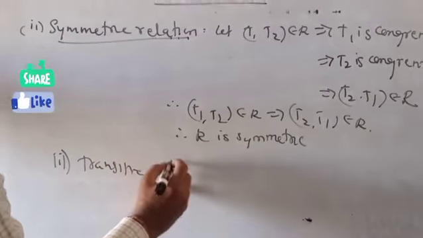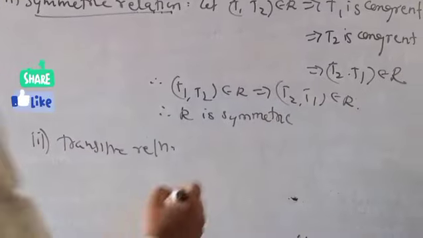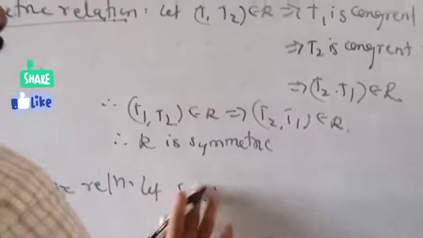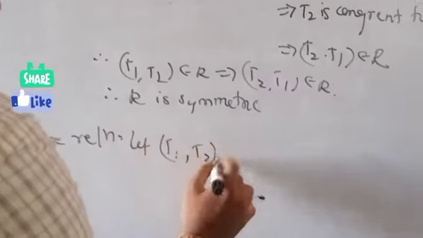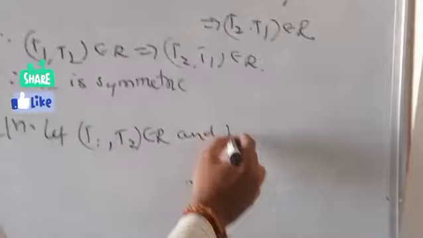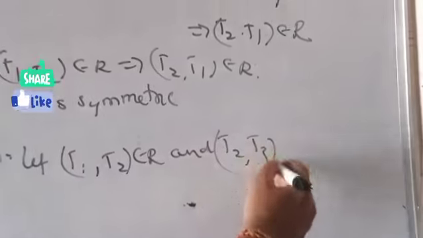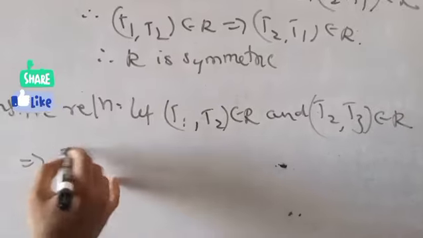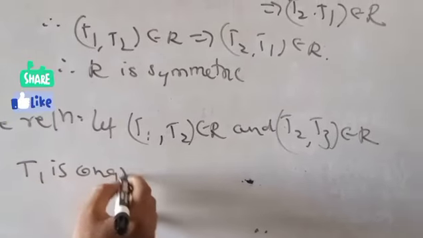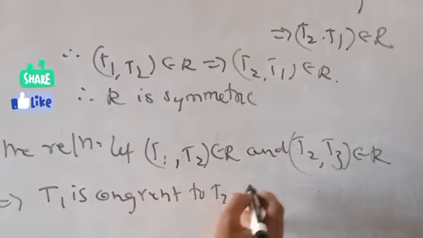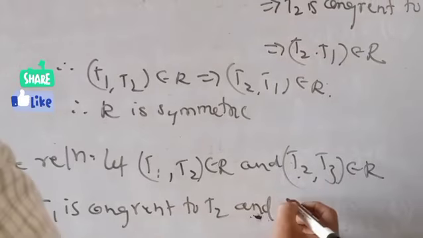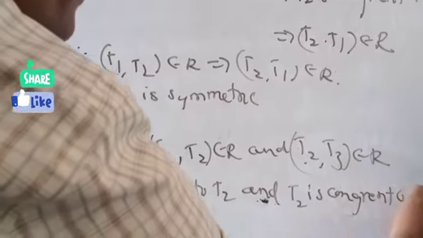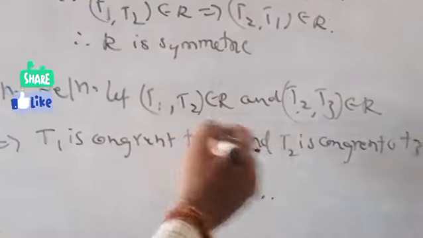Then the third one is the transitive relation. The transitive relation says: let (T1, T2) belong to R and (T2, T3) belong to R. As per the definition, (T1, T2) belongs to R means T1 is congruent to T2, and (T2, T3) belongs to R means T2 is congruent to T3. Here T2 is common.